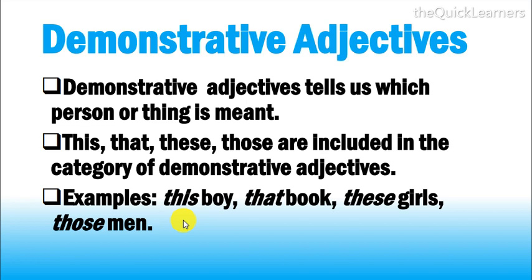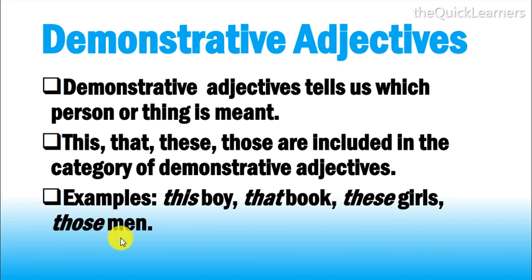So here words like this, that, these, and those are demonstrative adjectives because they demonstrate.